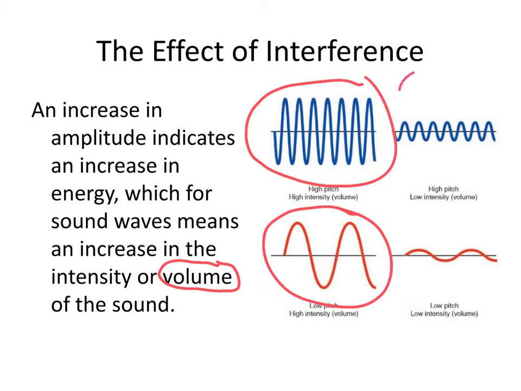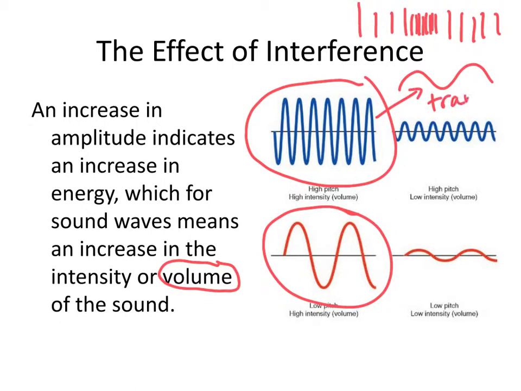Remember, a transverse wave looks like this. A sound wave is actually a longitudinal wave, which means you have areas of rarefaction and areas where the particles are closer together, areas of compression we call those, and then rarefaction, and these alternate. But it's really hard to draw longitudinal waves, so we will often draw sound waves as transverse waves, even though they're not transverse waves.